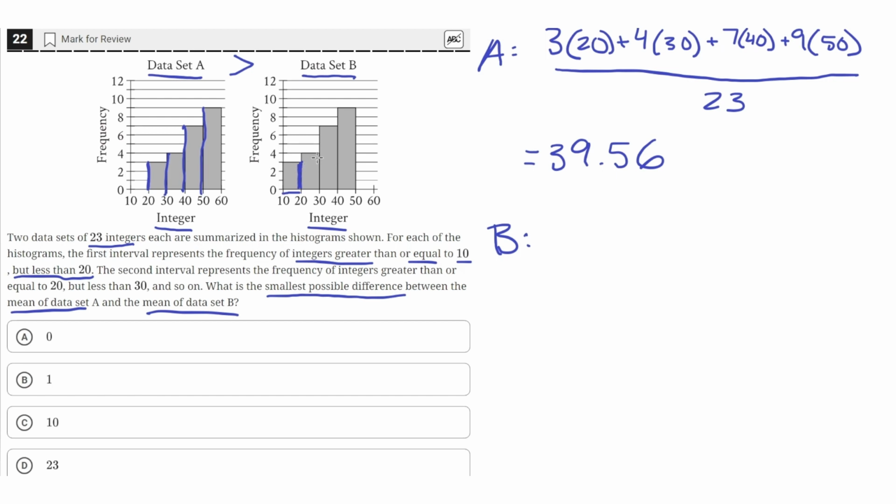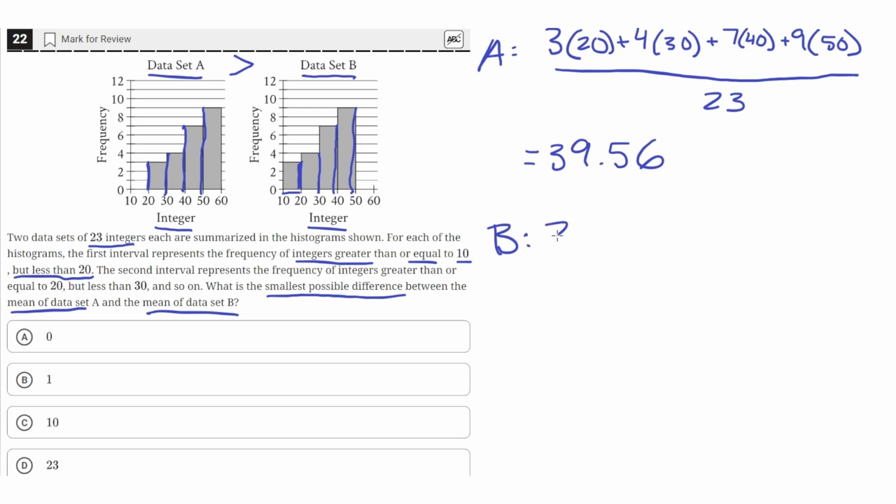And the largest possible in this interval are 29. The largest integers possible in this interval are 39. And the largest possible integers in this interval are 49s. So we'll use those for the value for the means.